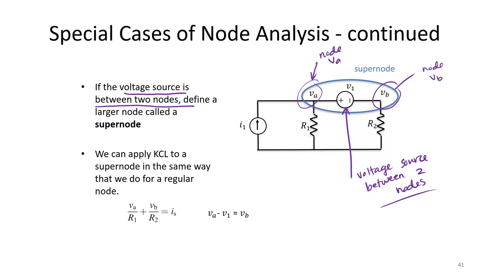So the thing about Kirchhoff's laws is that they're applicable everywhere in the circuit. So what we do is we define a larger node called a supernode. So here we define the whole node containing VA, VB, V1. That whole thing is defined as a supernode. And we just apply Kirchhoff's law to this entire area.